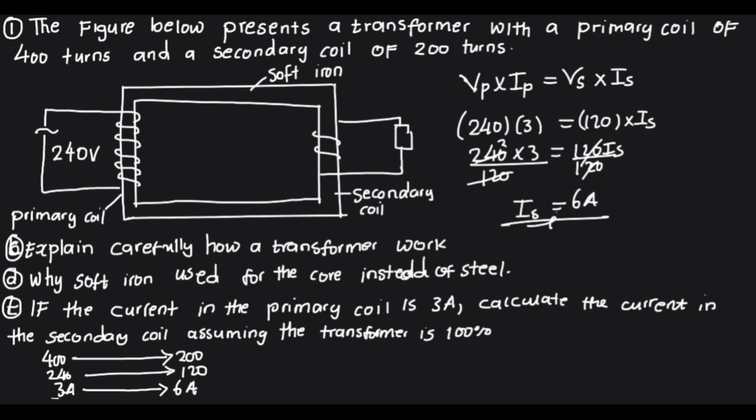So this is how we can get the answer. Or if you want, you can say 240 times 3 will give us 720. If we divide 720 by 120, we'll still get 6 amps.